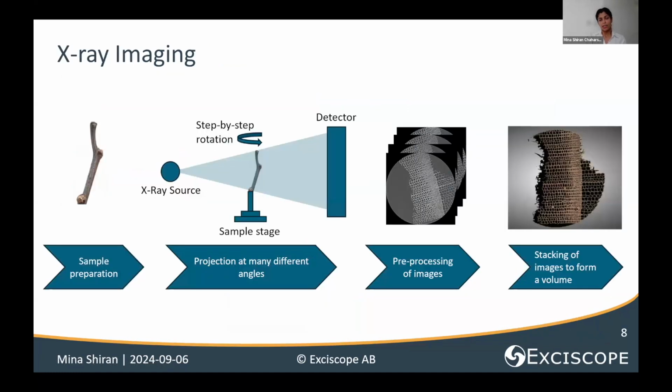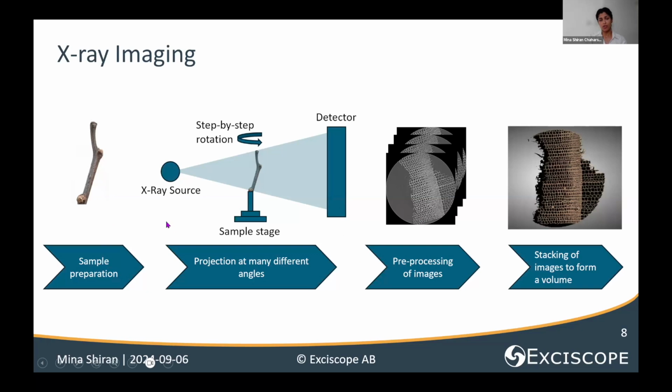So the typical structure and setup of an X-ray imaging system includes a source, sample stage, and detector. Sample preparation usually is quite simple. It's just fixation, especially if you use phase contrast imaging. It doesn't even involve sample staining.